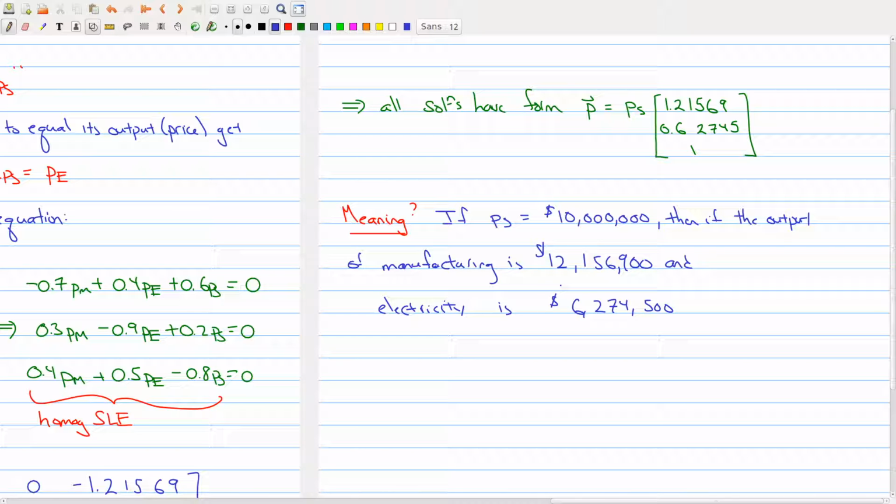So really, where do these numbers come from? If I set this number to 10 million, that's going to tell me what PM is, and then PE, by the appropriate scaling.